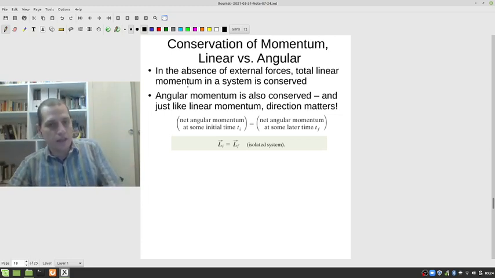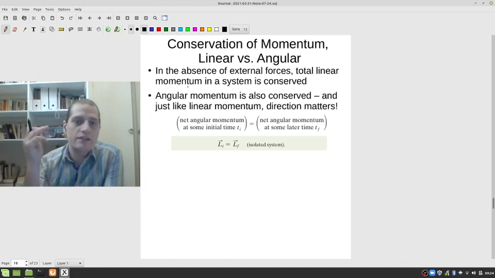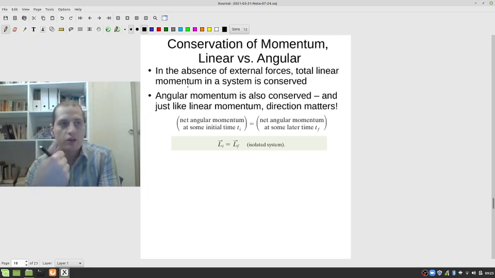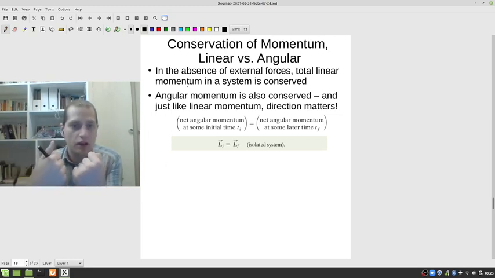Now, the precondition for that was that we didn't have any external forces. All of the forces were just within the system, and so if one object pushed on another, you had that Newton's third law reaction force. So those forces in total would add to 0 because you're doing a vector sum.